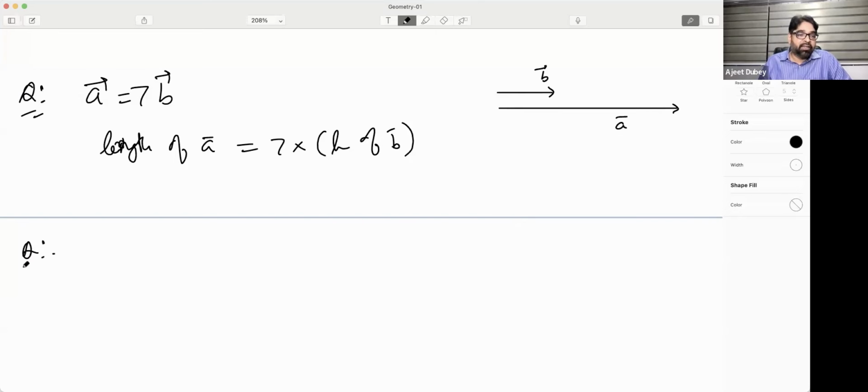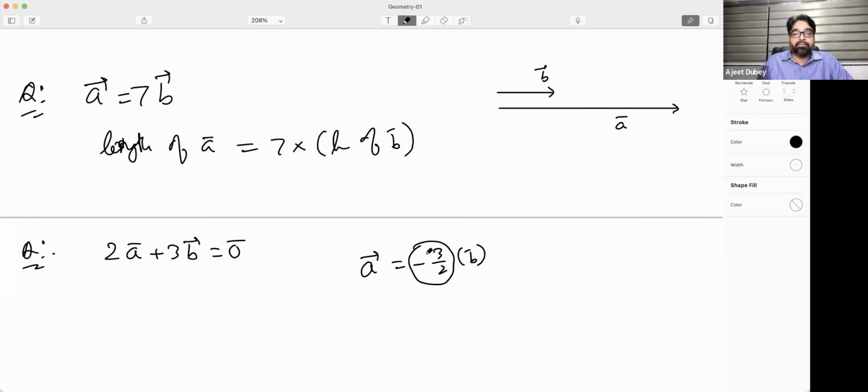Suppose I say 2A plus 3B equals 0. Remember, when you are writing vectors, I'm writing a 0 vector, but don't get confused. It's a 0 vector because both sides should be vectors. That's why the vector symbol. Tell me, what is the A and B relation? Anti-parallel. They will be anti-parallel because A vector equals minus 3 by 2 times B vector, and this is negative.